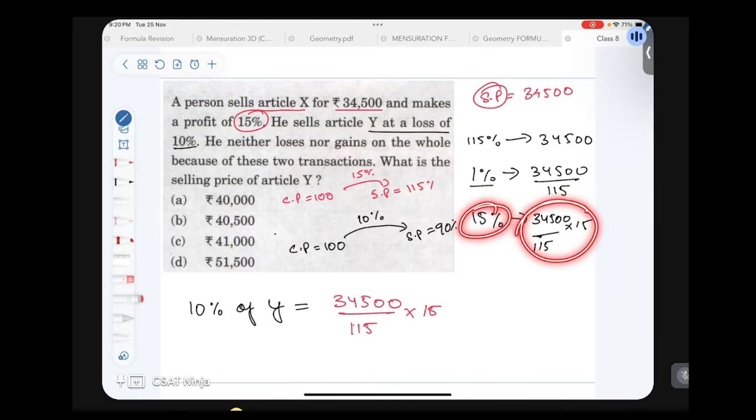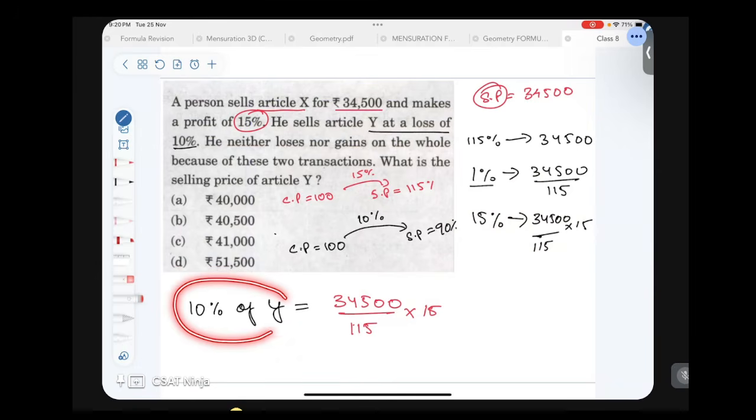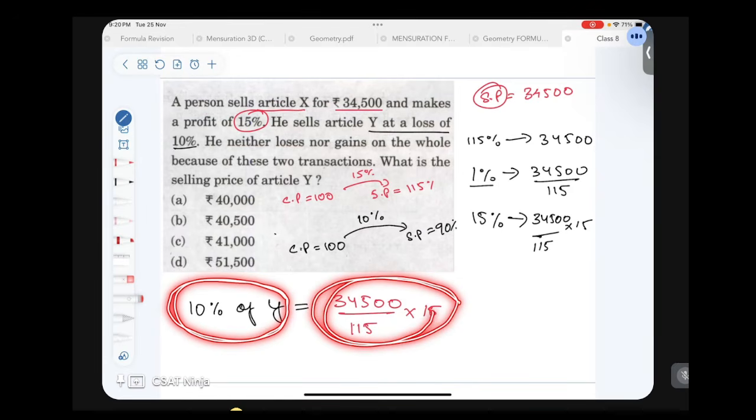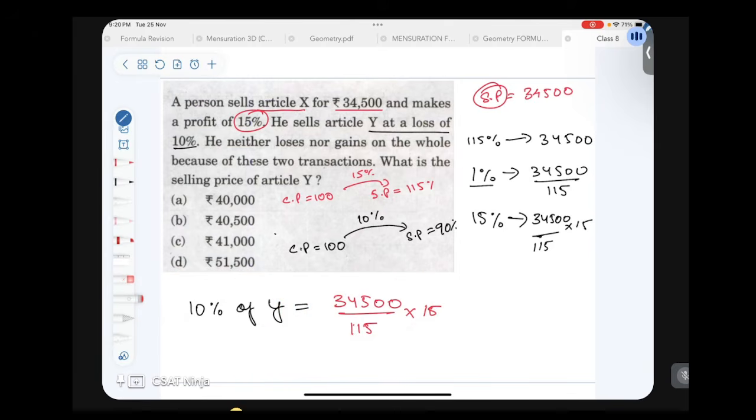So he neither gains nor loses means the loss that has occurred in Y is equal to the amount that is being earned in X. So this is what the question says.